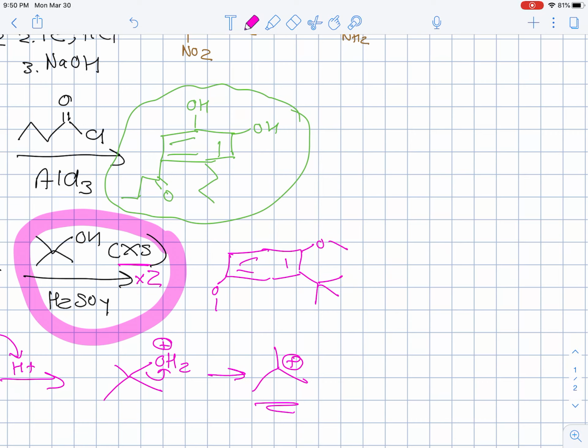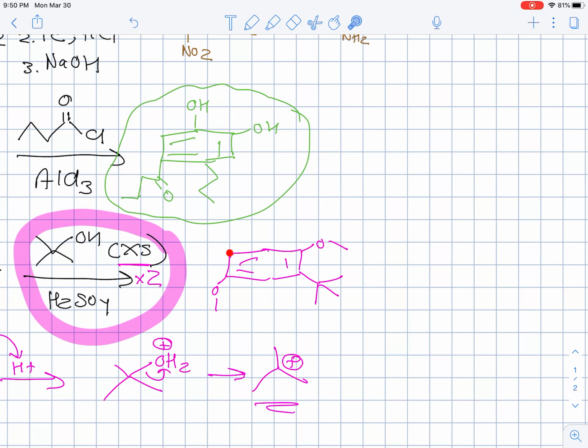If you draw the resonance contributors for the sigma complex that you get as an intermediate, it turns out that when you attack with the tert-butyl group here, there's a resonance contributor where you have a positive charge on this tertiary carbocation, whereas if you put the tert-butyl group here, that doesn't happen.